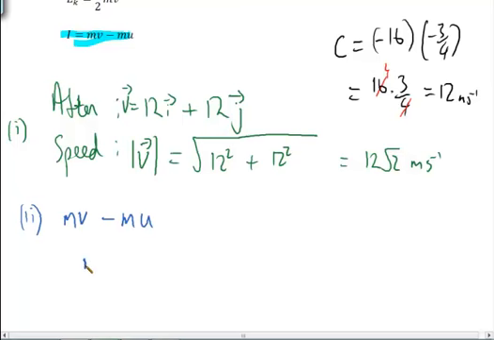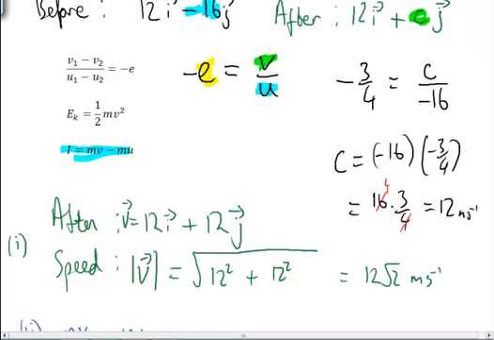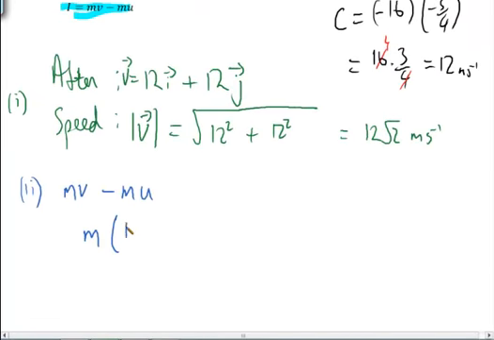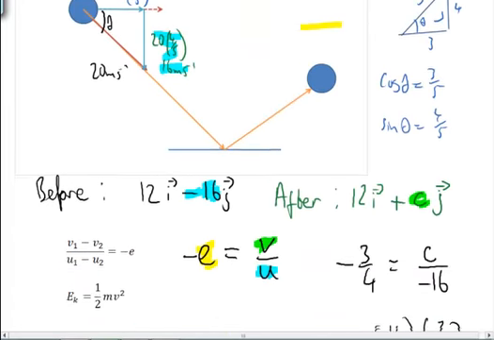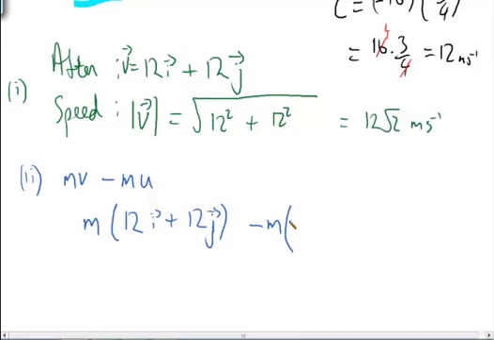So we have m times the final velocity, which is 12i plus 12j, minus m times the initial velocity, which was 12i minus 16j.